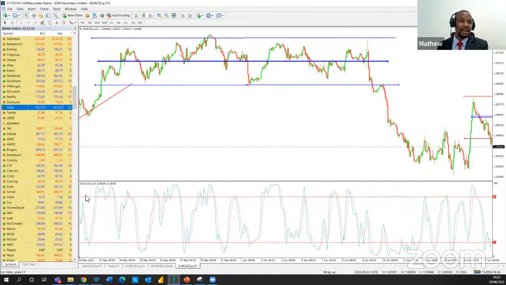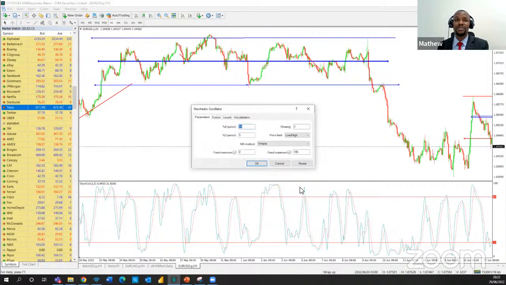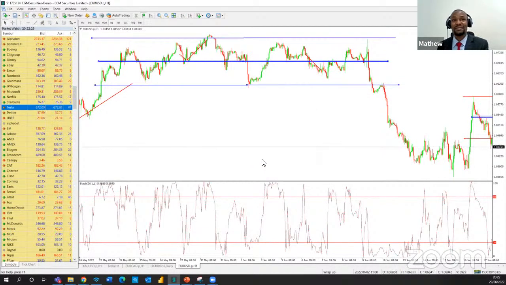So in this case, I have a stochastic here. You can do the settings that really align with your levels. For instance here, you can even go to 20 and then have 1 and another one here, 1. Let's see how it comes up. Something like that. Okay, it can give clear entries as well.